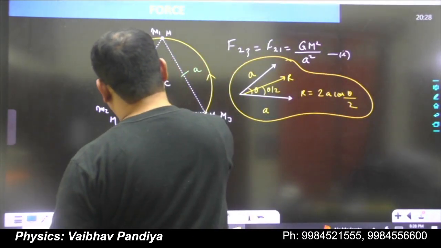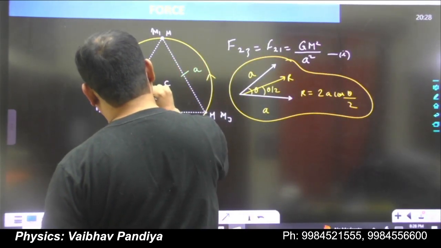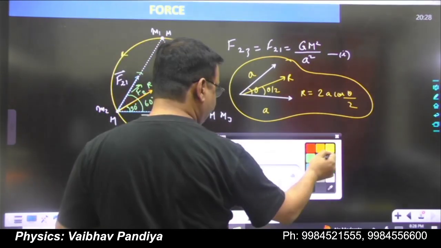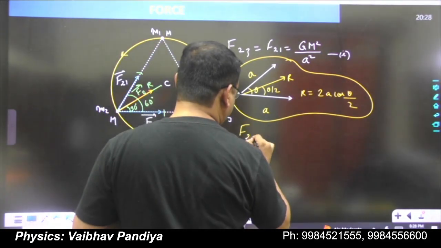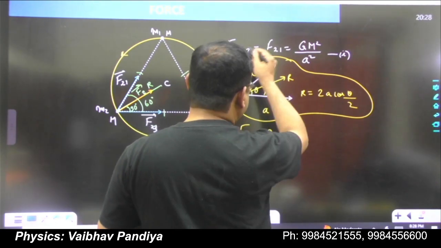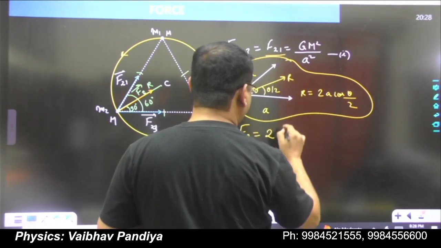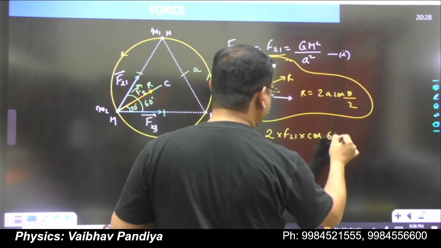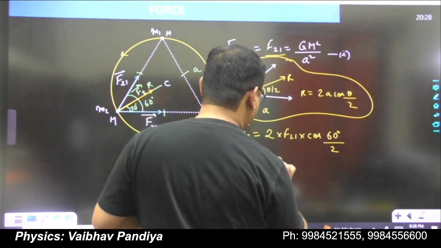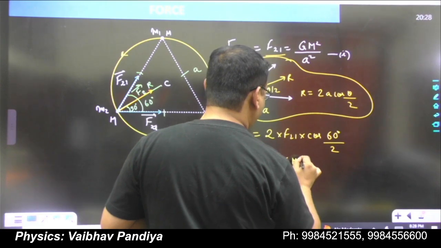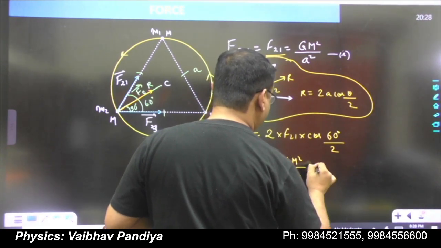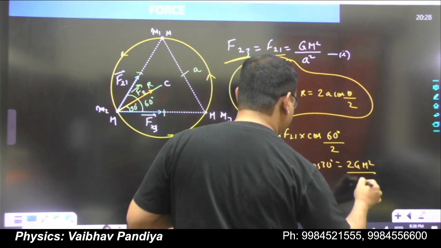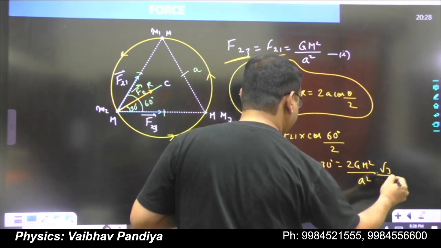So your net force on particle 2 will act along this line, towards the center, with magnitude twice the common magnitude, F23 or F21. So I can write F21 into cos of total angle 60 degrees by 2. So we'll get 2 times G m square by a square cos 30 degrees, and cos 30 is root 3 by 2.